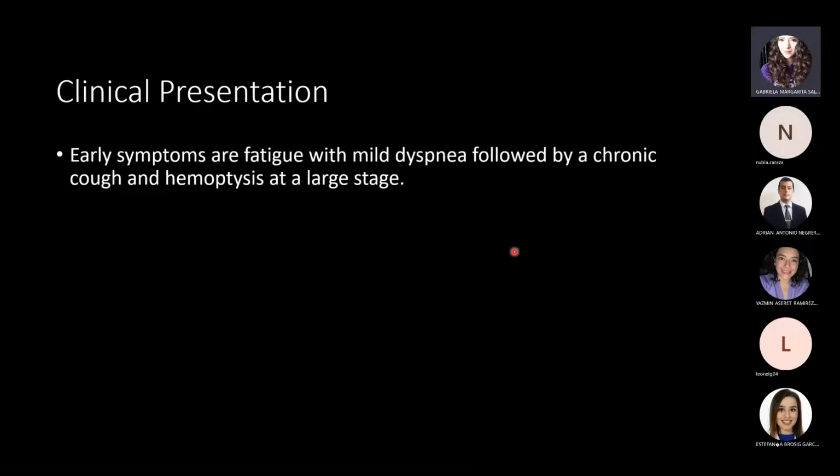The clinical presentation is not very specific. Early symptoms are fatigue with mild dyspnea, followed by chronic cough and hemoptysis at a later stage. Our patient had a chronic cough of 6 months and weight loss of 7 kilos in this time.